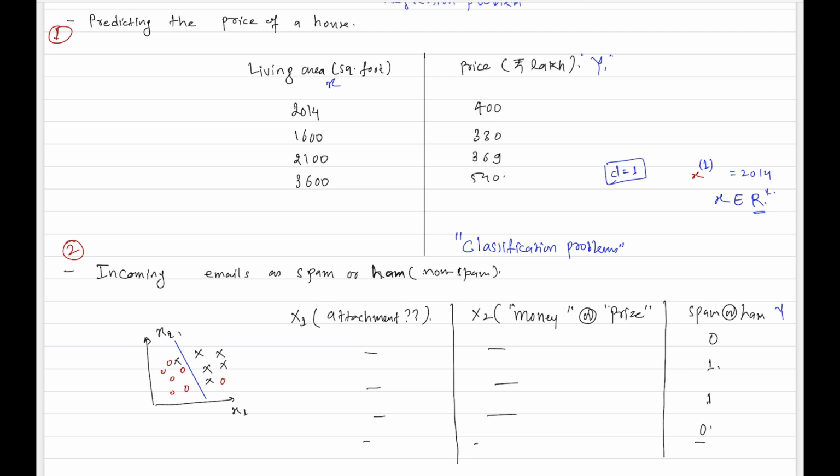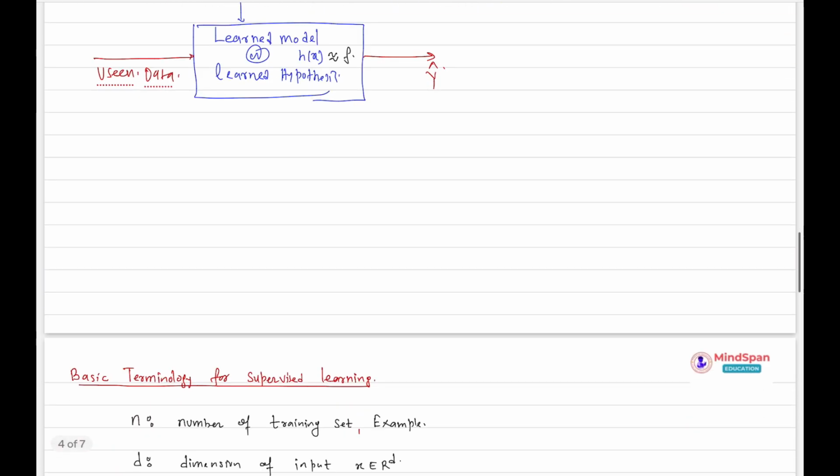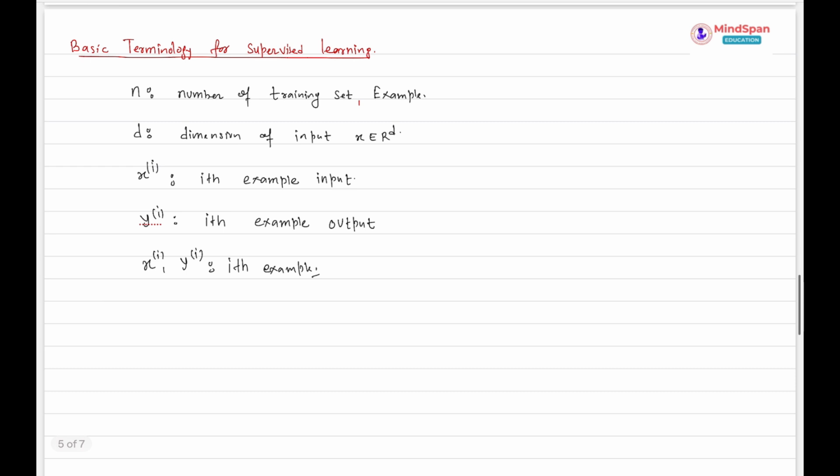So if I ask you what will be x4, the superscript just tells you that it is the fourth example. So 1 2 3 4, fourth example. We are just asking about the input, so it is nothing but 3600, right? So we will be just using the superscript to denote which example we are talking about.